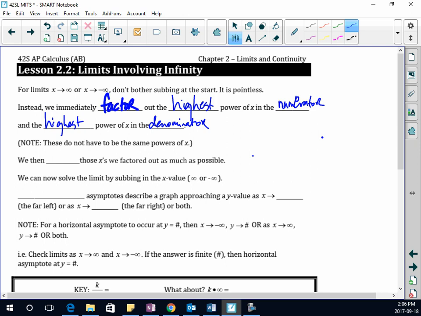And note, these don't necessarily have to be the same power. Then we cancel the x's that we factored out as much as possible, and now we can sub in infinity or negative infinity for the x value.